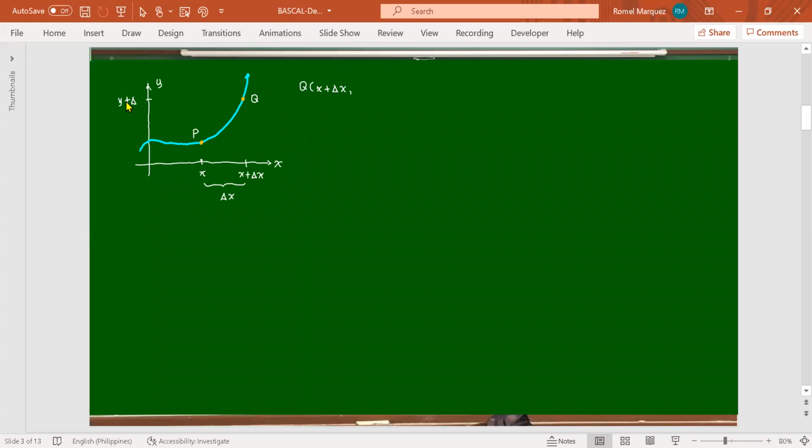If x changes by the amount delta x, y will change by the amount delta y.